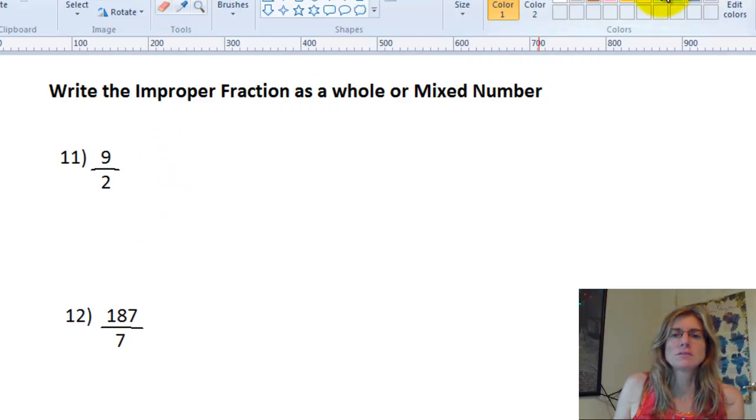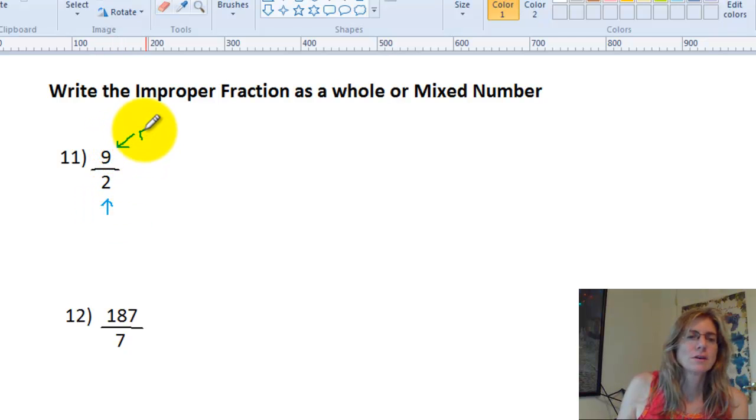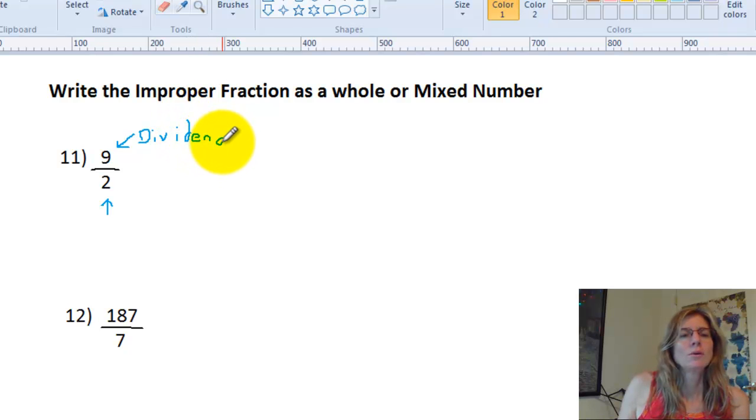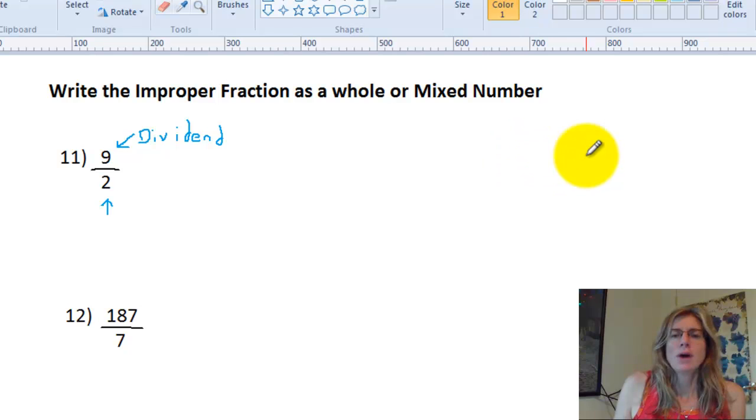The divisor is on the bottom, and the dividend is on the top. And the dividend is the one that goes under the box.